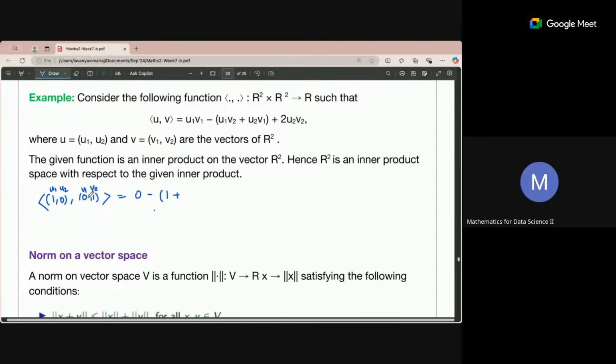And u2 v1 is 0. And then what is u2 v2? 0. So the answer is -1. But what is the usual dot product here? 0. Right? So the usual dot product is 0, but here you see that when you define inner product in this way, you get a different answer.